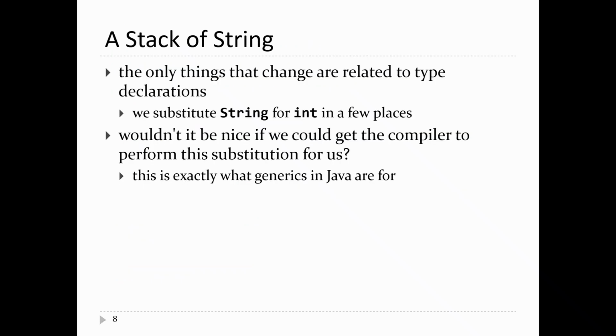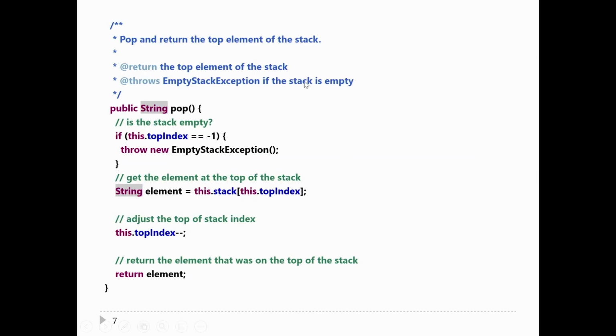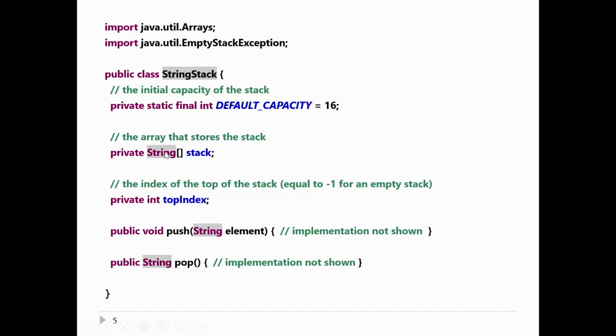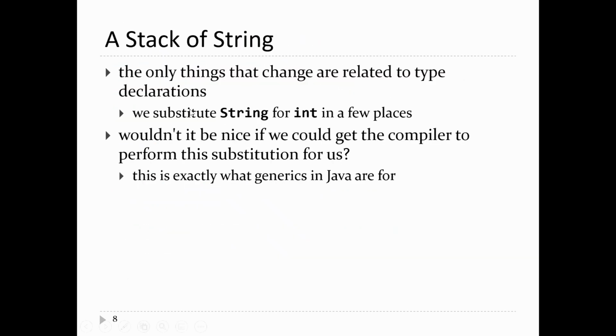When you look very closely at what's happening here, the only things that are changing are some type names. From int to string, from int to string, from int to string, from int to string, and that in the name of the class. So basically all we're doing is substituting string for int in a few places.